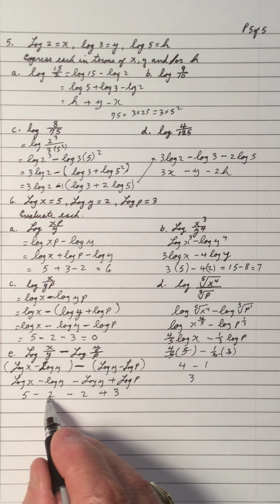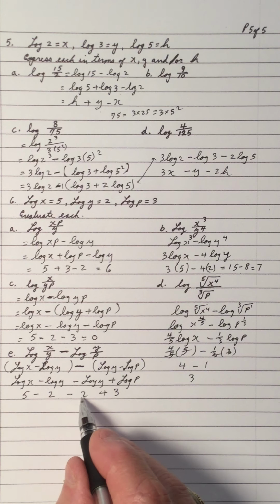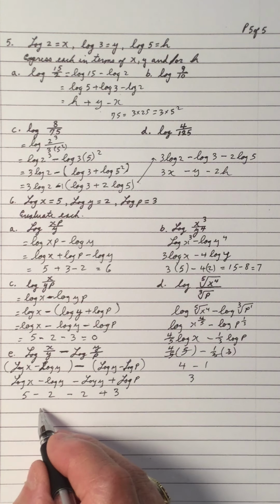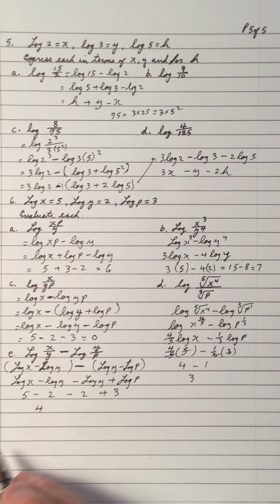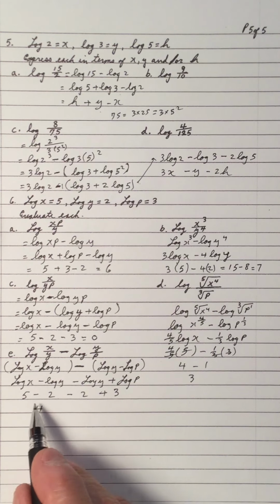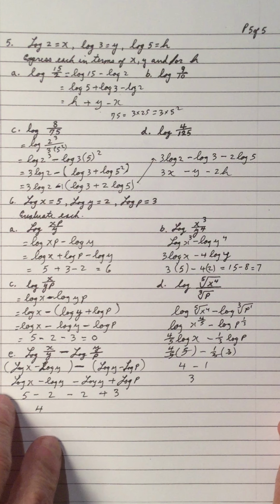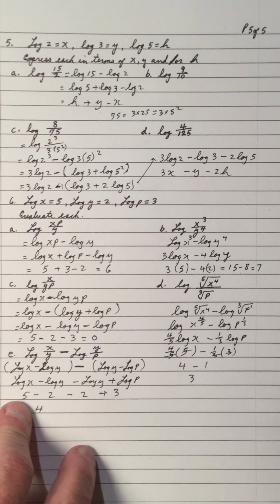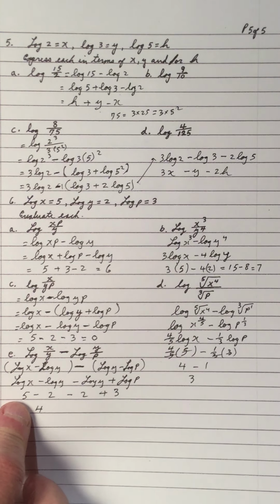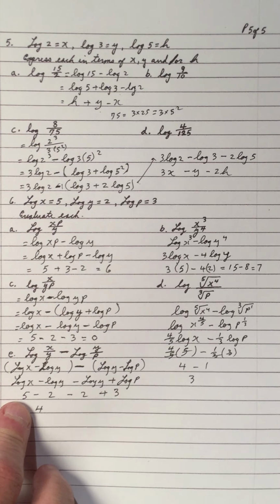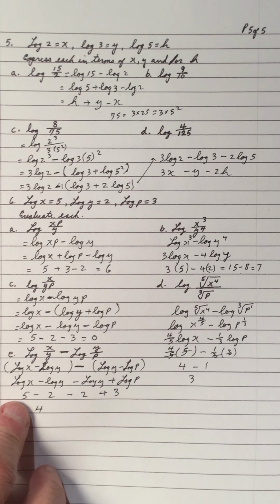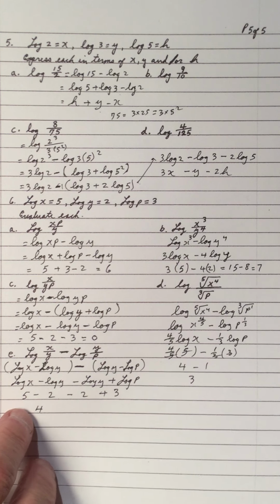So 5 minus 2 is 3, 3 minus 2 is 1, 1 plus 3 is 4. And that's using the quotient rule, but the quotient rule also is combined with the power rule and the product rule. And remember, when you're simplifying or solving, always look at the power rule. Always do the power rule first.